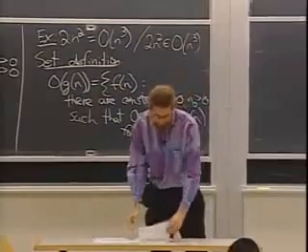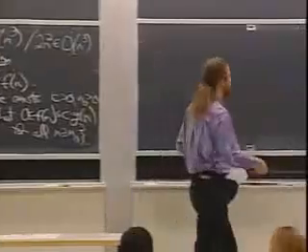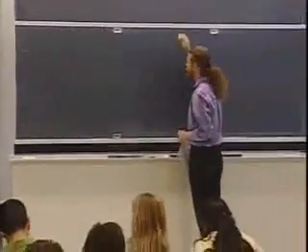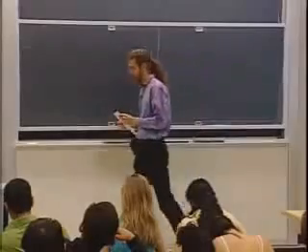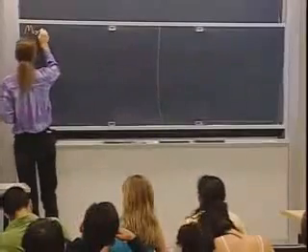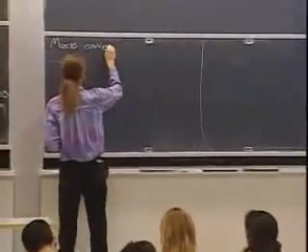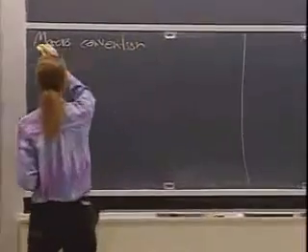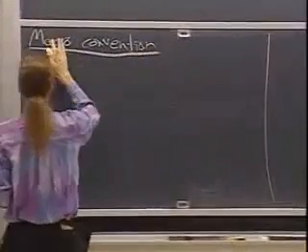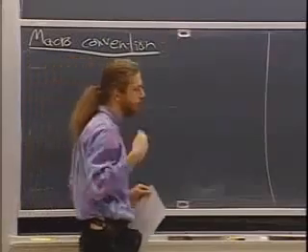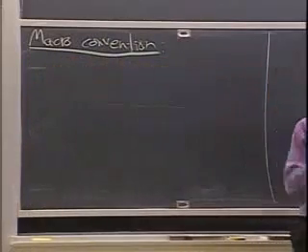We have some nifty ways that we actually use big O notation: using it as a macro. By the way, we have a lot to cover today, so I'm going to go relatively fast.